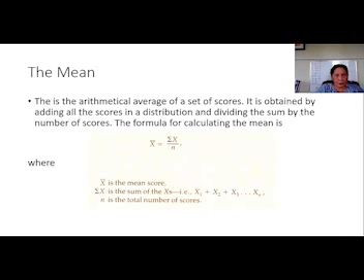The mean, as you know, is what everyone knows, the arithmetical average of a set of scores. It is obtained by, of course, adding all the scores in a distribution. Look at the formula.